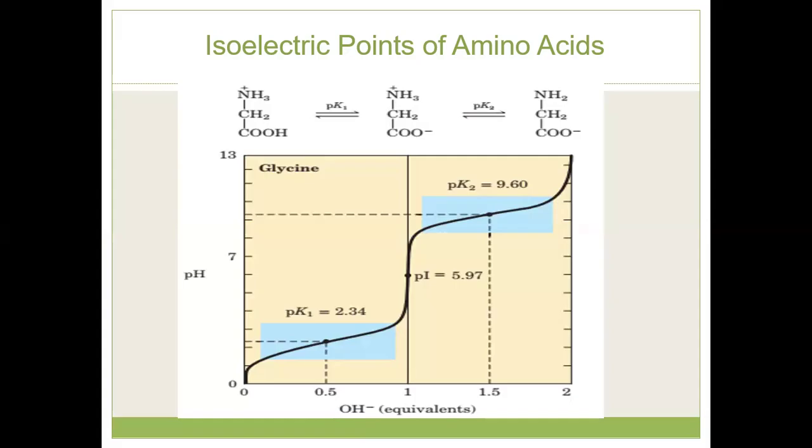At that same pH, the amino group finds the environment acidic enough to accept a proton, it accepts a proton and becomes ionized. So at that pH, the pH is called the isoelectric pH.